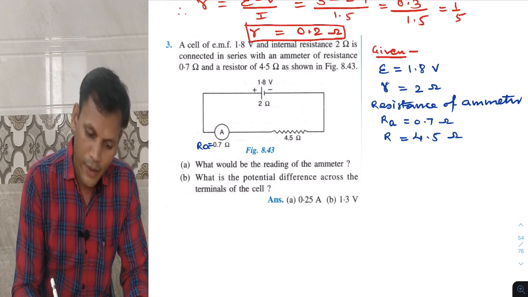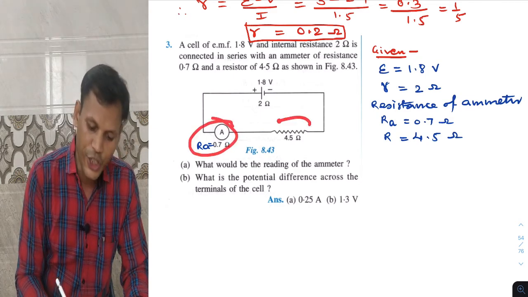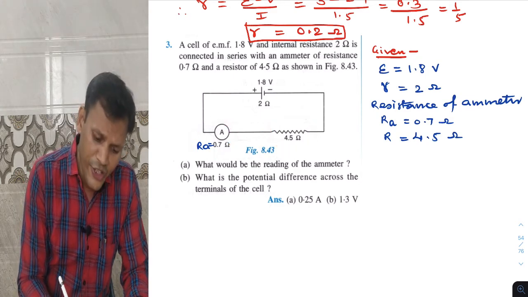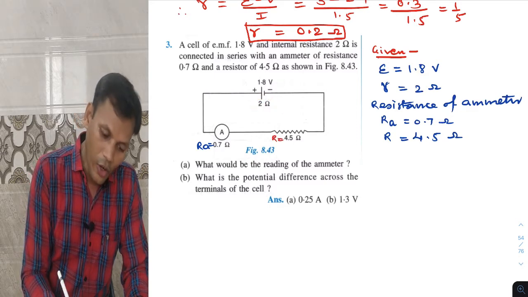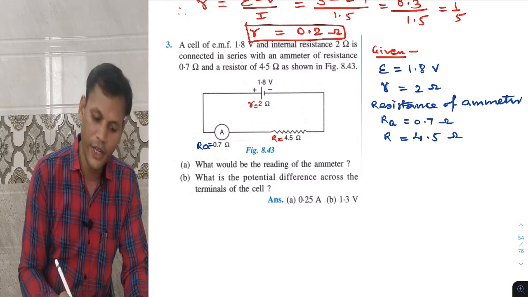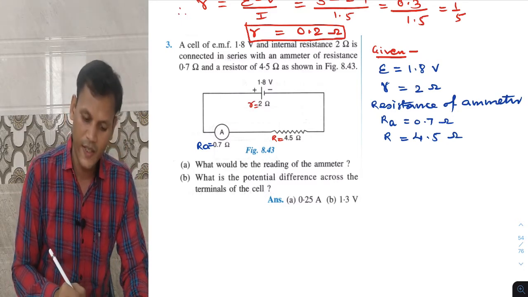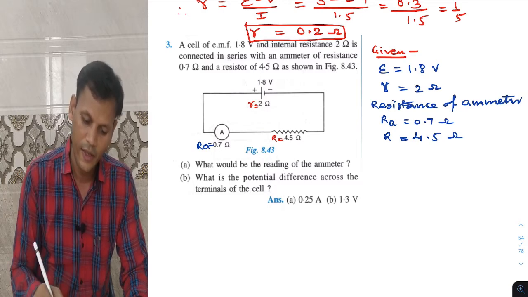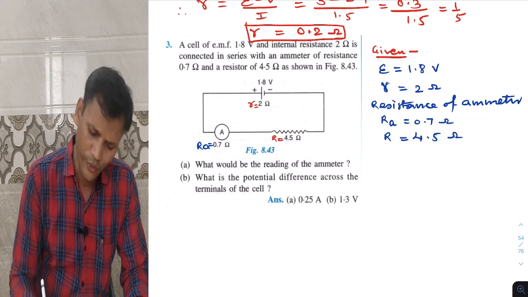First of all, I will say the resistance of the ammeter, the external resistance and the internal resistance are all in series combination. We can do it in two ways.